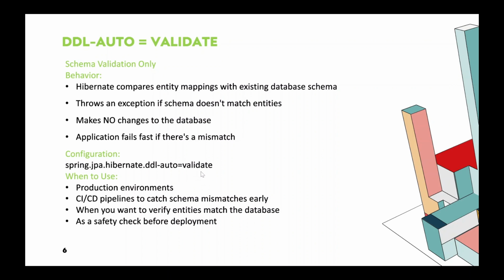It's checking whether the entities and the database are the same or not. If not, it throws exceptions. You can use this for production, and the CI/CD pipeline catches schema mismatch errors. When you use this, it will throw errors if both do not match.